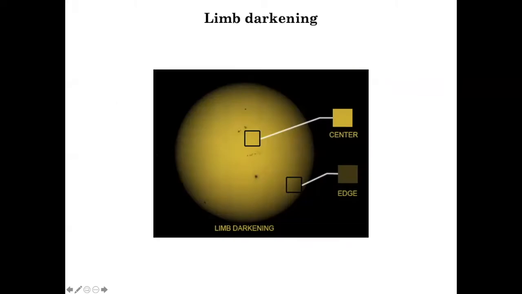One example of optically thick emission is limb darkening. When you look at the sun, if you look at the center and if you look at the edge, you have different fluxes. The center looks brighter than the edge, and that is because the light that is escaping towards you from the center has less of a path to travel than the light at the edge.